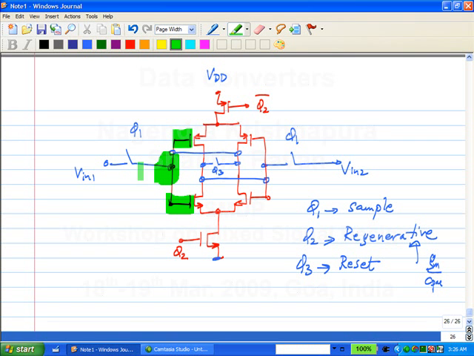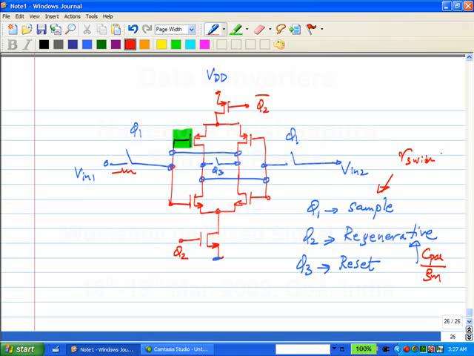So the regeneration time constant is C par by Gm. Alright? And the sampling time constant is basically R switch plus the output impedance of the sources times C par. Okay?